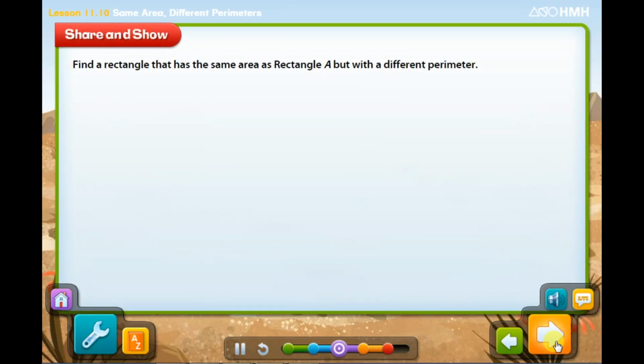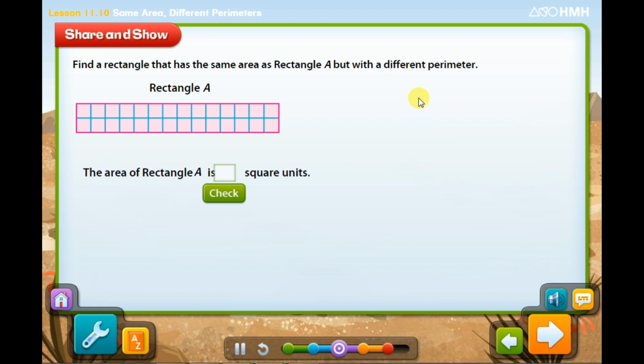Find a rectangle that has the same area as rectangle A, but with a different perimeter. What's the area of rectangle A? Okay, the area of rectangle A is found by multiplying the number of rows by the number in each row, or by counting the squares inside. So let's see.